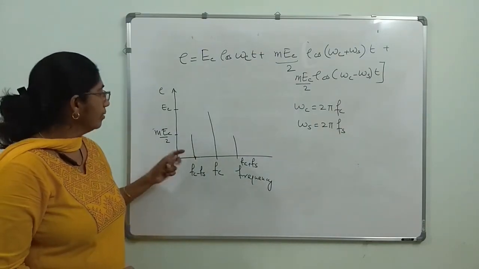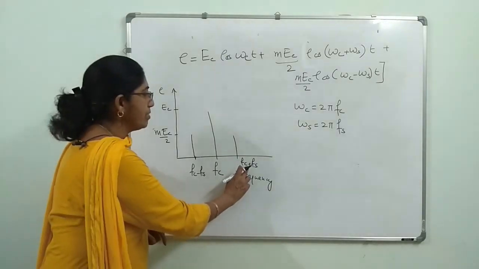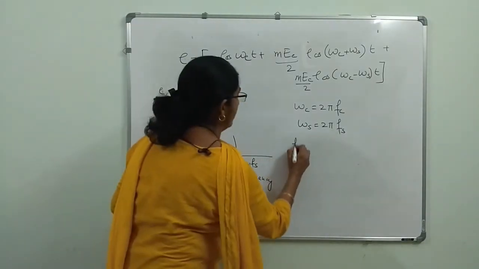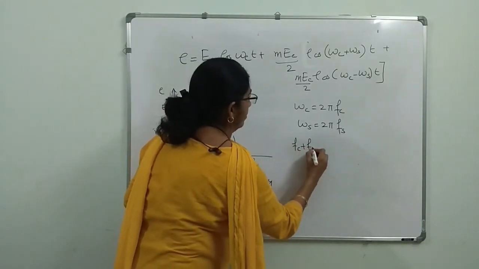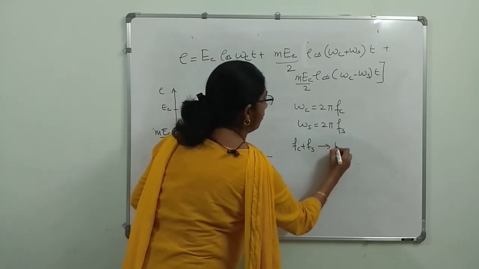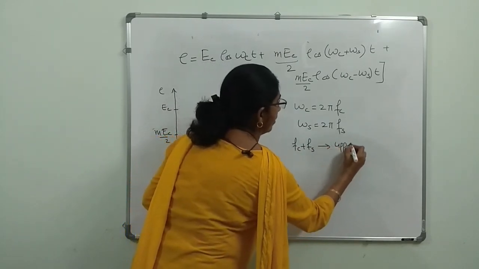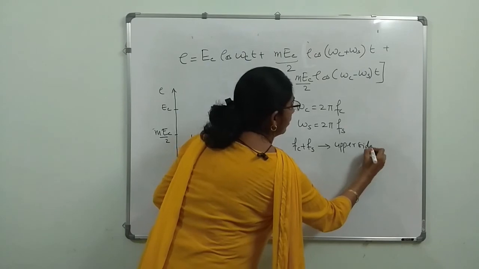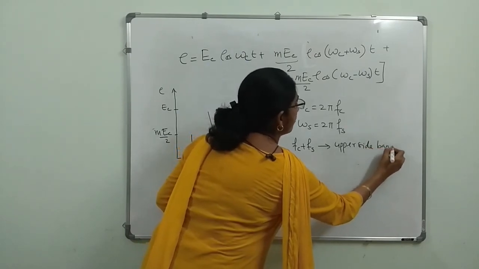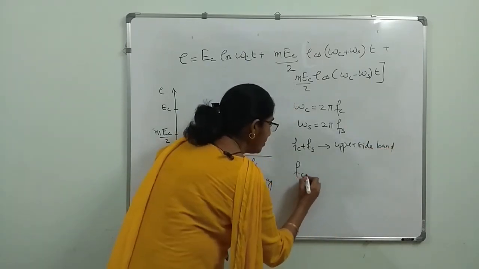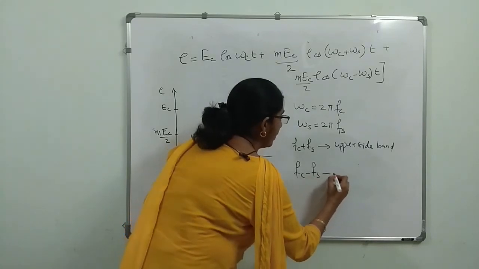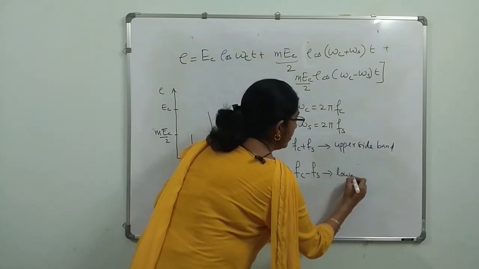Now this frequency fc plus fs corresponds to the upper sideband, and the component fc minus fs corresponds to the lower sideband.